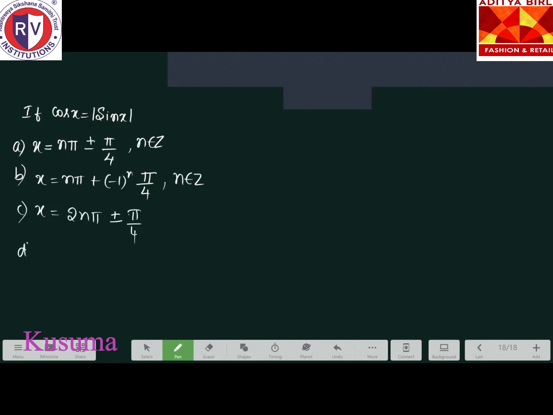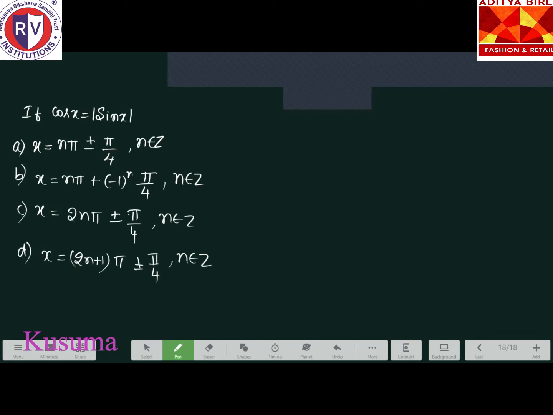And option D is x is equal to 2n plus 1 into pi plus or minus pi by 4. In all the cases, n will be in the set of integers.